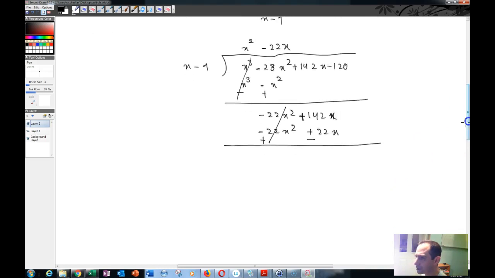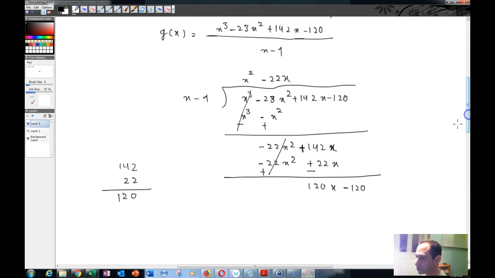What you will have is basically 142x minus 22x, which is 120x, and then minus 120.